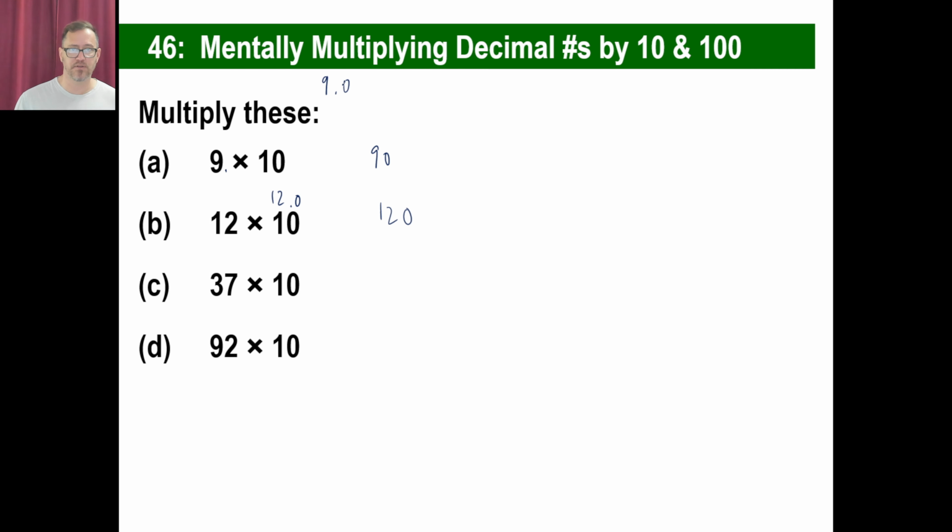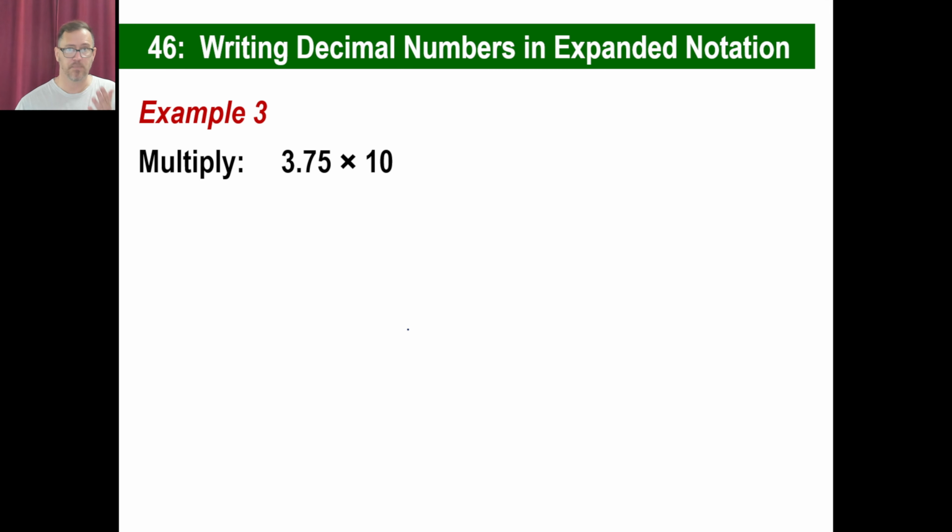If you multiply something by 10, you just move the decimal place over one time. The answer is 90. 12.0, move it over, that's going to be 120. Well, you can guess what this is going to be. 37 times 10 will be not 37.0, but 370. 92 times 10, 920, and so on, all right? Well, what if we multiply something like this by 10? It's the same thing, right?